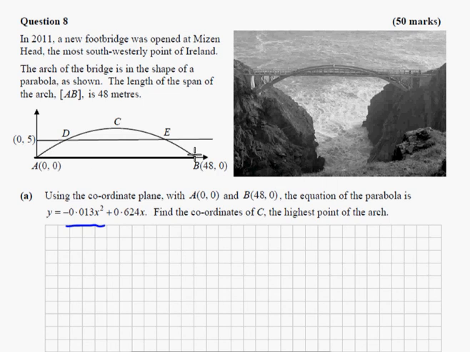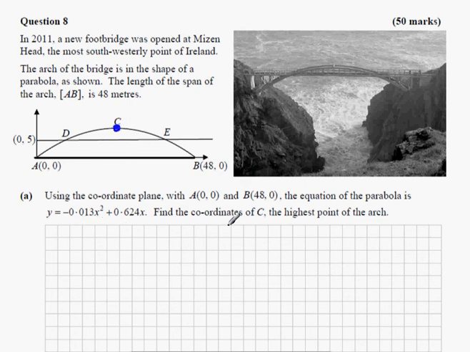Now, there's something I know about this. If (0, 0) and (48, 0) are lying on the same horizontal line, the maximum has to be dead center, which is going to be 24. Now, that happens a lot, but it isn't always guaranteed to happen, right? So just in case, what we're going to do is we know it's the maximum point.